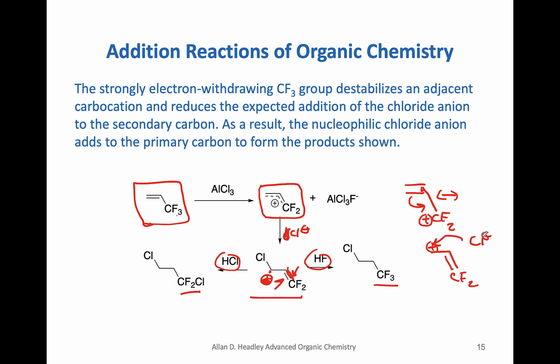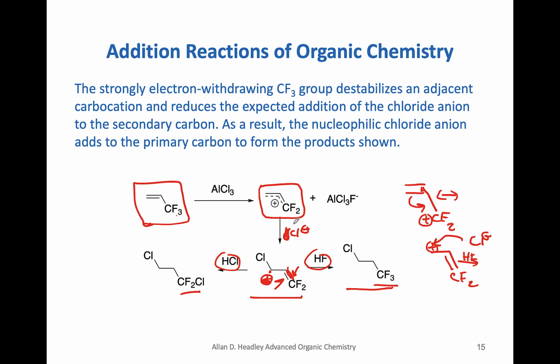Once you add your Cl minus here, you get this, and HF to get that, and adding HCl to this, you would get that. So bottom line, to rationalize the observation we have seen before, the AlCl3, a strong Lewis acid, creates this resonance stabilized carbocation.